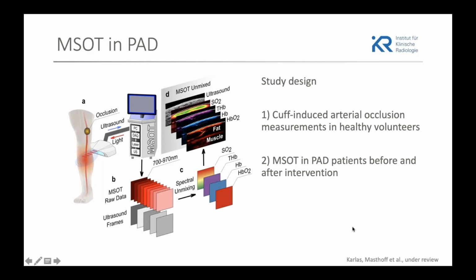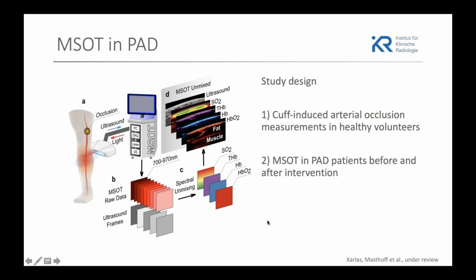First of all, we did an experiment in healthy volunteers with a temporary cuff occlusion of the upper leg, and performed MSOT scanning at the lower leg, the calf, for subcutaneous fat and muscle tissue. We assessed our hemoglobin values and the derived parameters of total hemoglobin and the oxygen saturation.